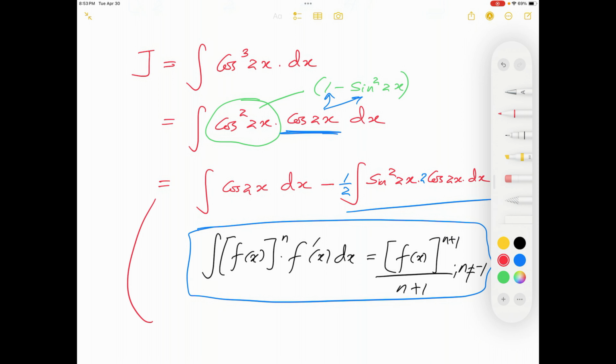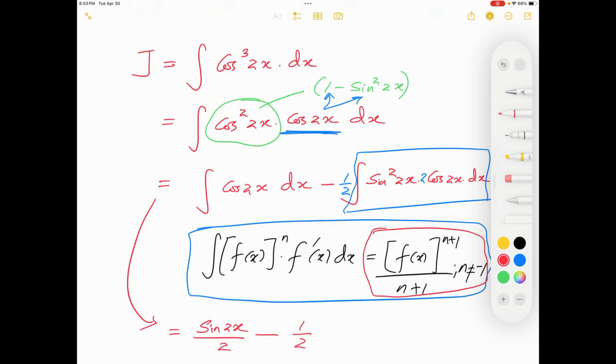Therefore, our integration j is now equal to the first term. Cosine 2x integration is sine 2x divided by 2. And then minus, we have a 1/2 right here. I will write that down first. Integration sine squared 2x times cosine 2x times 2, for which we are going to apply this theorem right here. On the right hand side, it will be equal to f of x raised to the n plus 1 over n plus 1.